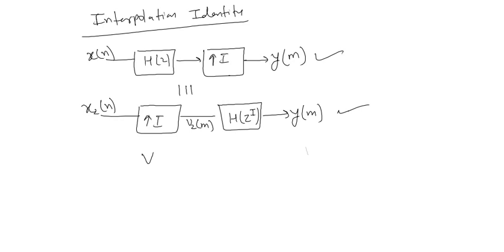let's call the output here v1 of n. Okay, so what is v1 in the frequency domain? v1 of z will be x1 of z times h of z. Okay, and y of z will be simply the interpolated version.